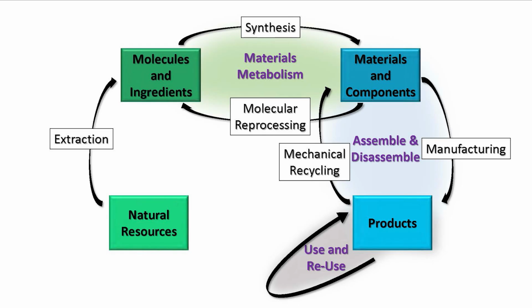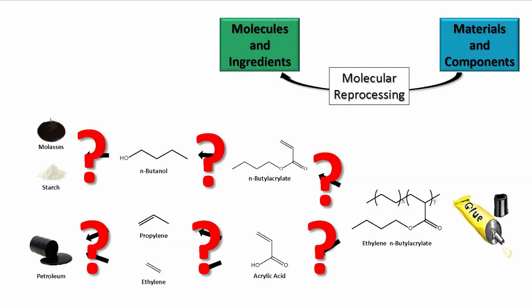Okay, so because we can't do that, we've got to go to the next step. Can we then molecularly process? Can we break the molecules back down using what I call the materials metabolism? And again, if we had another 30, 90 minutes and a couple bottles of wine, I could go on and on about this, but essentially, could we take the glue and go backwards?